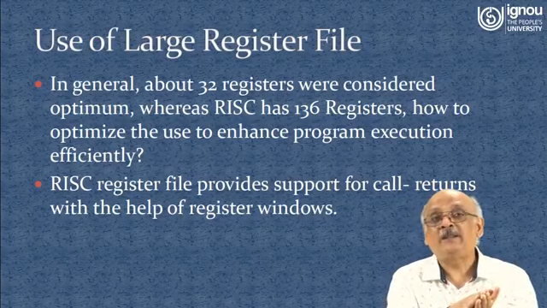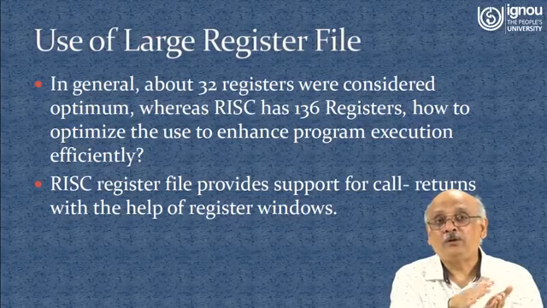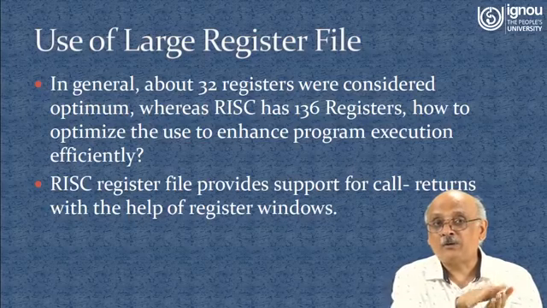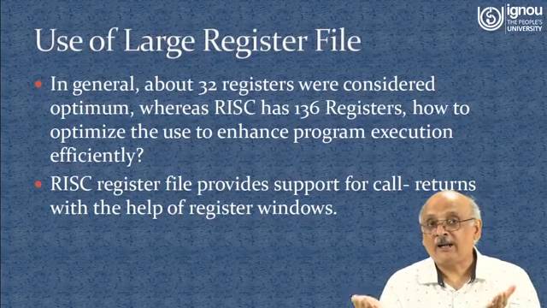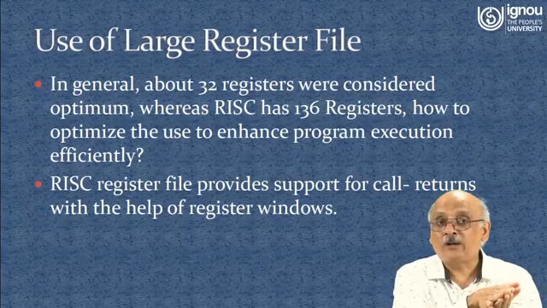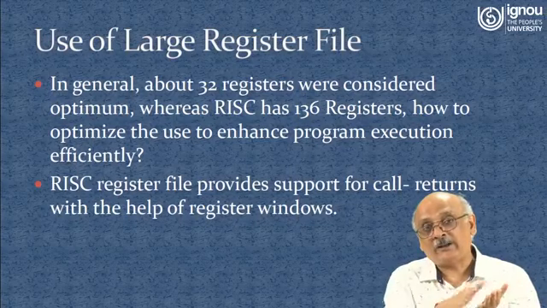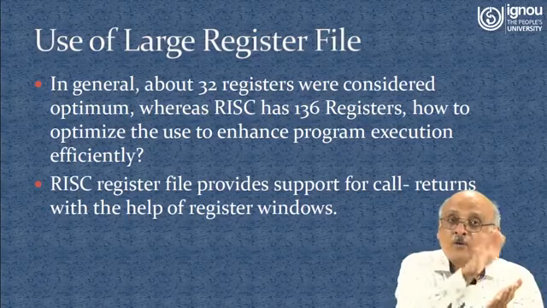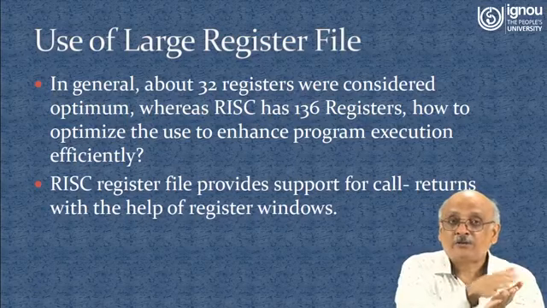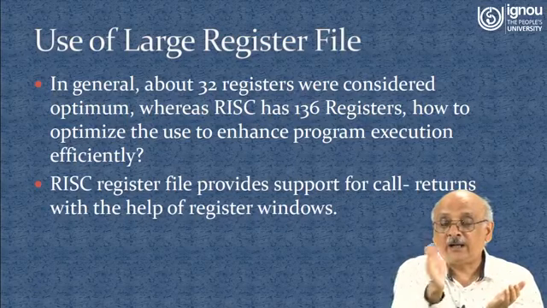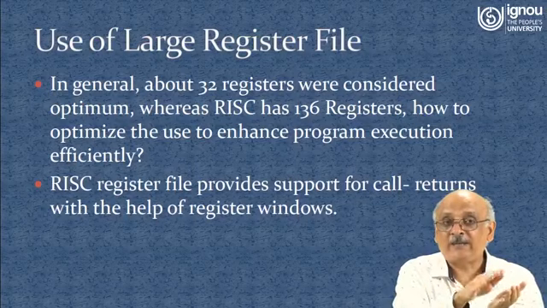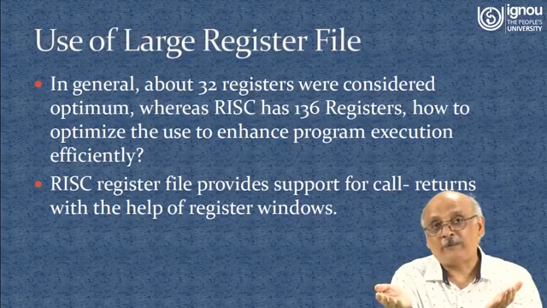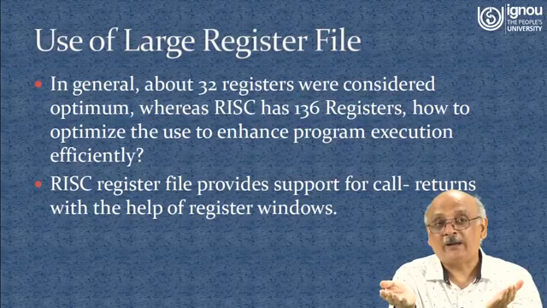For example, in C you use call by value. So you are calling a function by value, those values are going to be transferred, the return address is going to be stored, the function will start executing, and the control will return back.